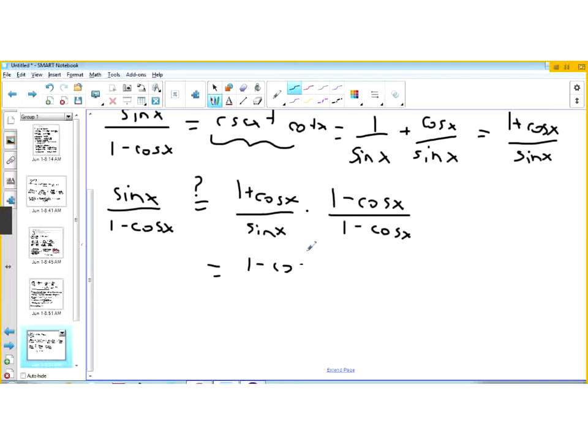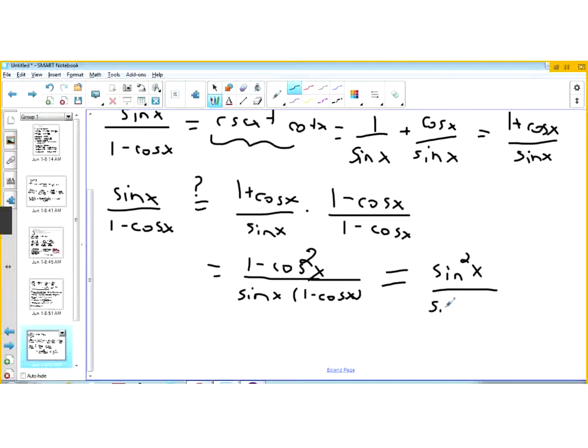So that would be 1 minus cosine squared x divided by sine x times 1 minus cosine x. Okay, and of course, let me fix that. It's not the exponent, right? That would be 1 minus cosine squared x. Okay, and of course, 1 minus cosine squared x, we know from the Pythagorean identities, is sine squared x.